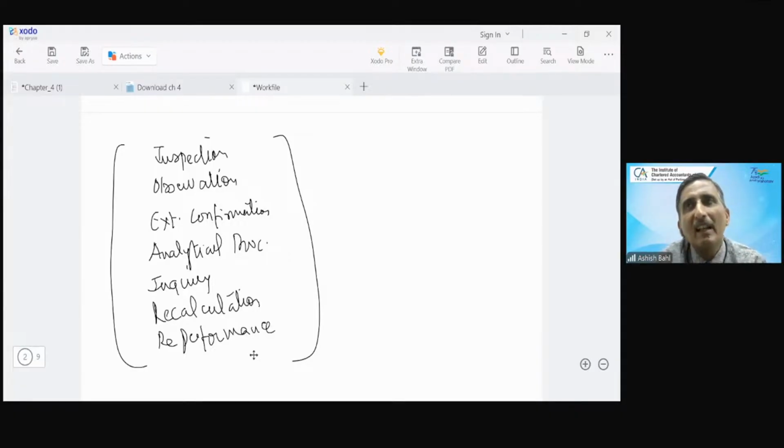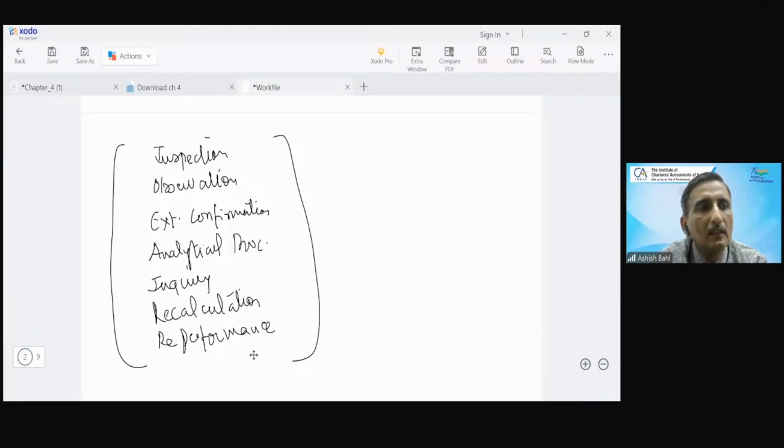You are just seeing what is happening, what procedures are being followed by the staff. You yourself are not doing anything. You are just seeing how the supervisor is giving instructions. Yes, Harshit, Tejaswin, you are right. So you are observing. This procedure is known as observation.